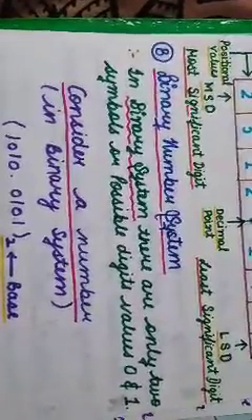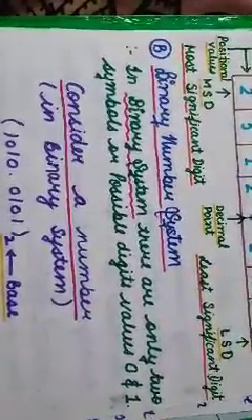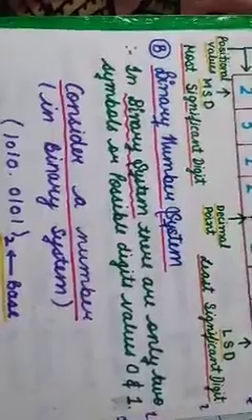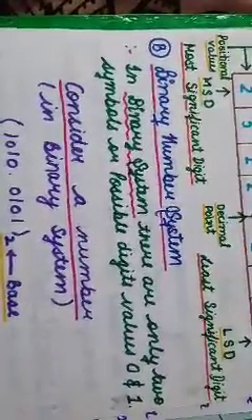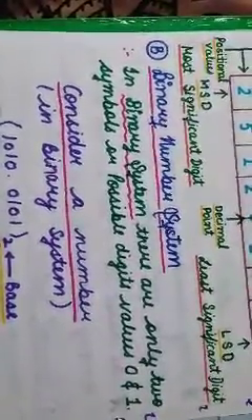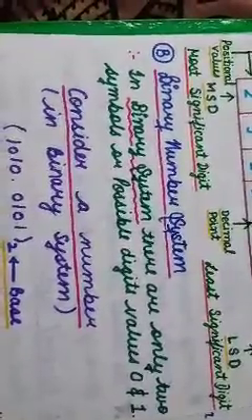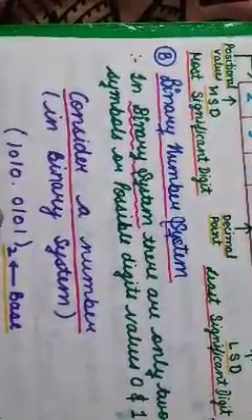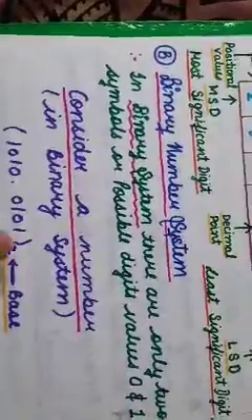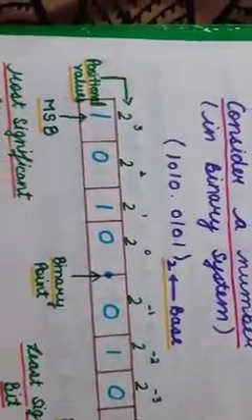Second is the binary number system. In the binary number system there are only two symbols or possible digits, that is 0 and 1, only 0 and 1. Consider a number in the binary number system: 1010.101 base 2. Base 2 means it is a binary number system.